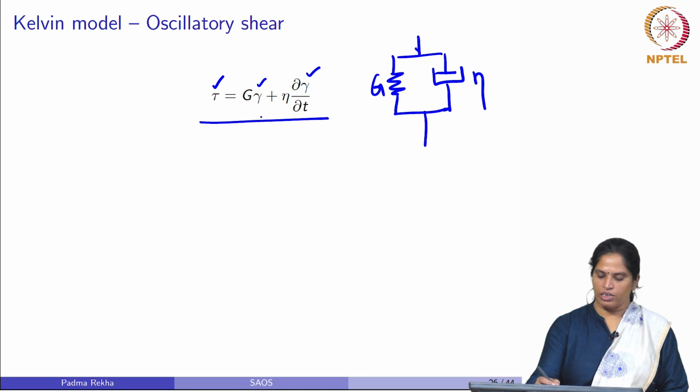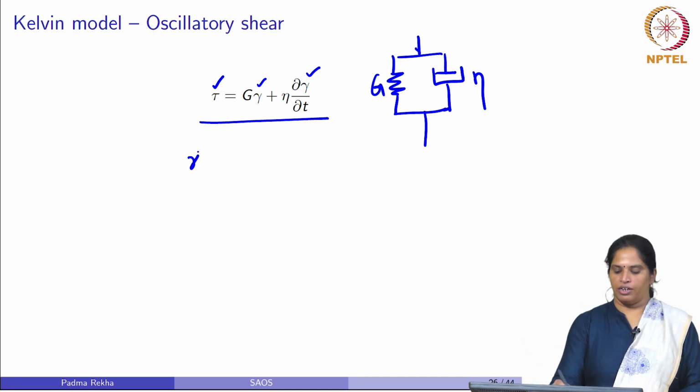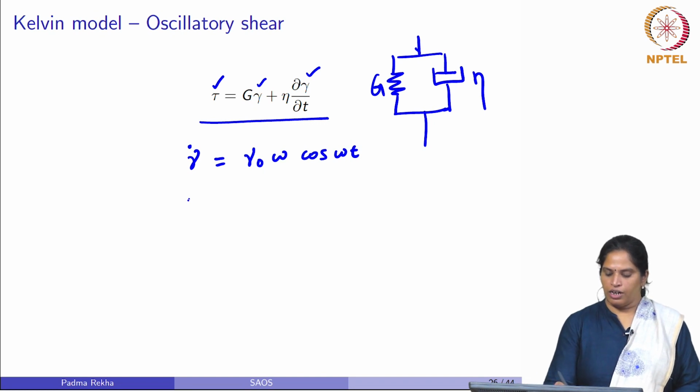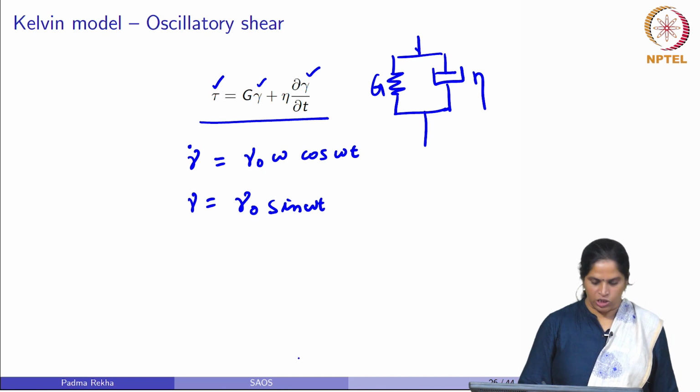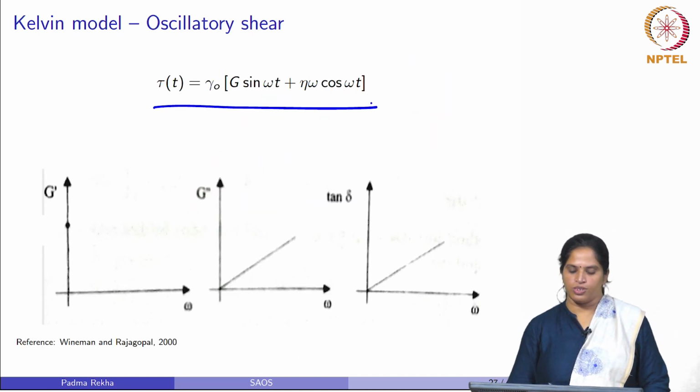So, when you solve these equations for gamma dot equal to gamma naught omega cos omega t, and substitute gamma equal to gamma naught sin omega t, it is just a mere substitution. When you substitute these expressions, you will get tau of this form.